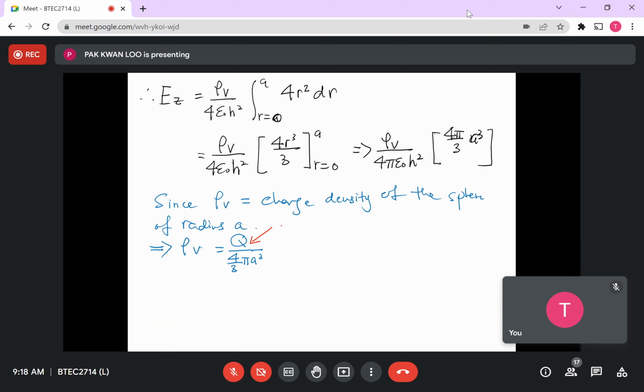Okay. So this Q here is the total charge, the total charge contained in the volume.